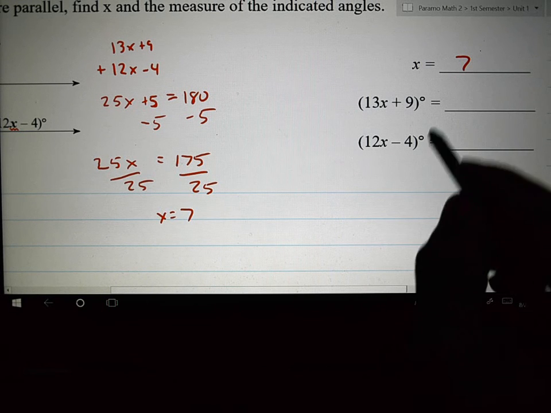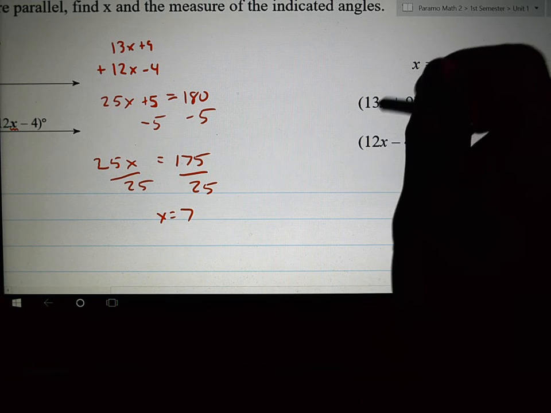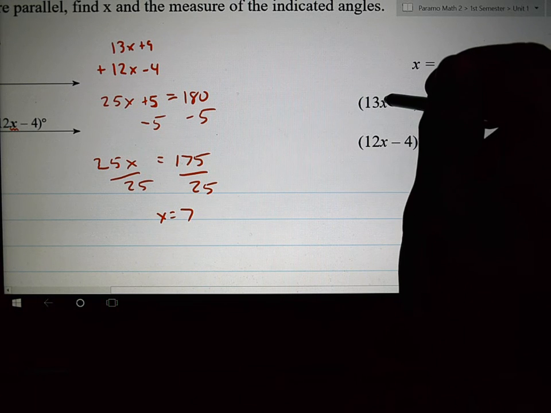What I like about this question is that it has you take the 7 and say, well, what is it when you plug the 7 in?